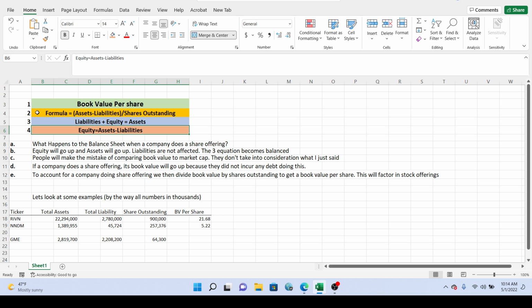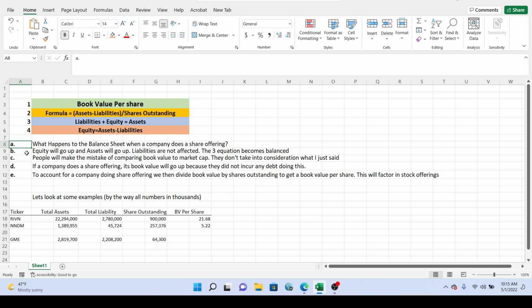But for the purpose of making it easy to understand, I'm just going to keep this formula as assets minus liabilities divided by shares outstanding. And in this formula, we're talking total assets and total liabilities. So there's a few points that I want to go over. What happens to the balance sheet when a company does a share offering?